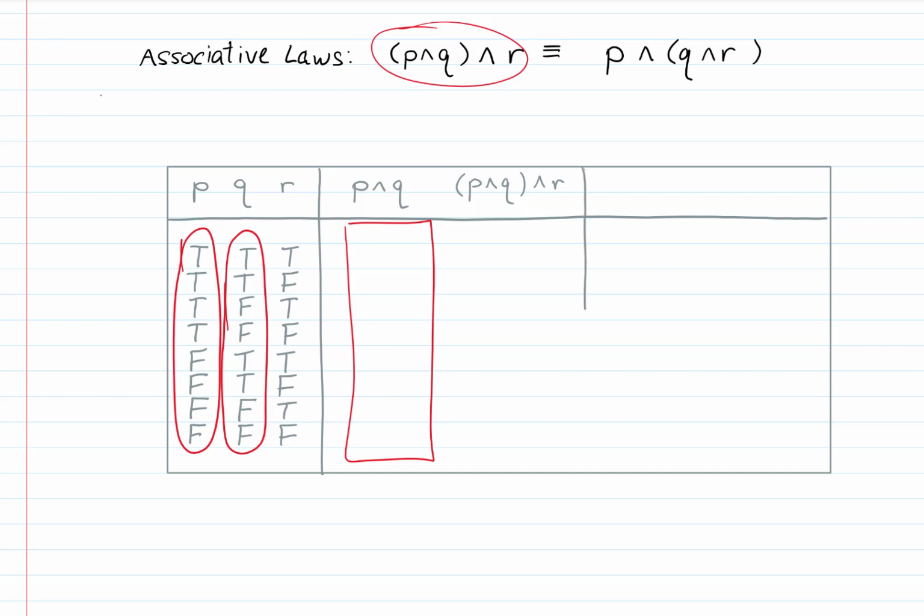Only if both components are true. So where are the rows where P and Q are both true? Here's one, and here's one. In all of the other rows, one of them is false, and so their conjunction will be false.